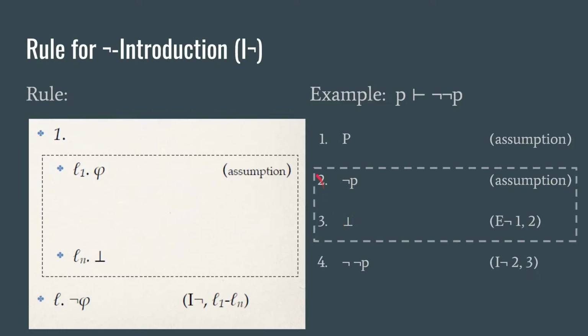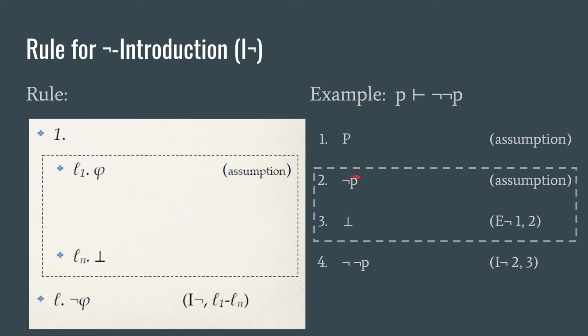So we draw a box around our assumption. Remember, that just shows we were just assuming not P for the sake of deriving something from it. Now we're never going to appeal to that assumption again, so we draw our dotted box around it. And now we can stick a negation in front of the guilty assumption.